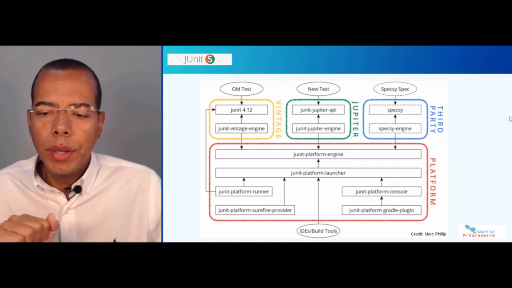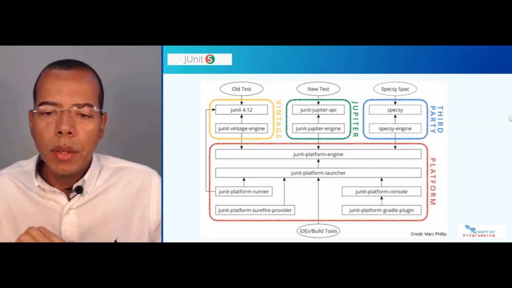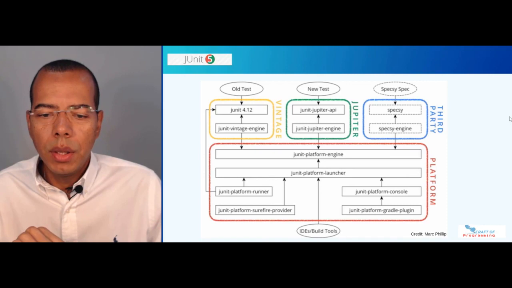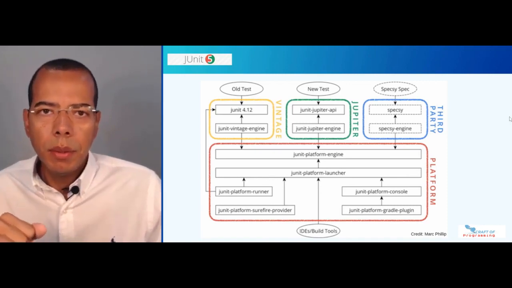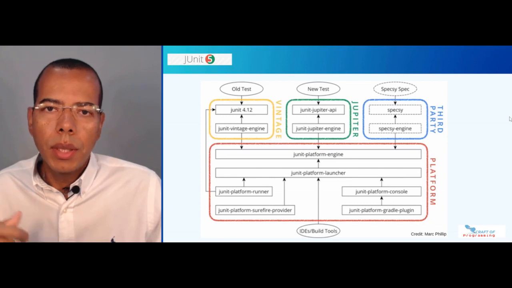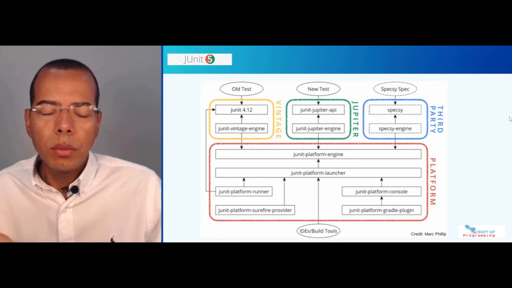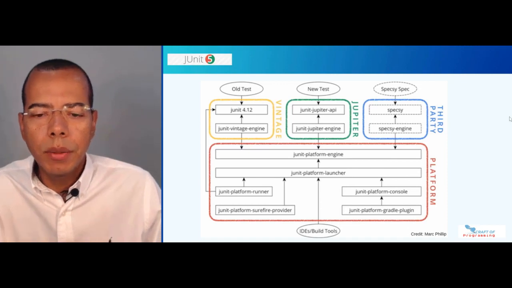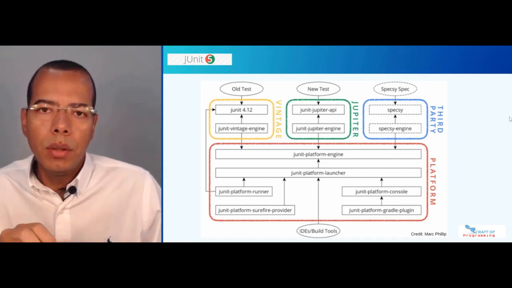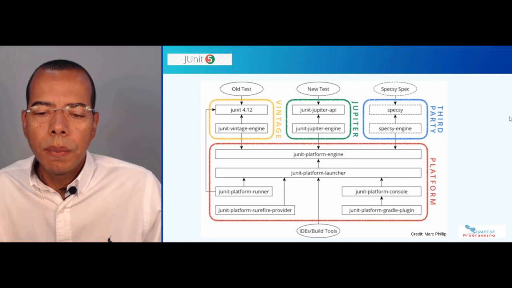They also created this platform here in red, which enables the people that implement build tools like Maven and Gradle, as well as IDEs like IntelliJ and Eclipse, to have access to JUnit 5.